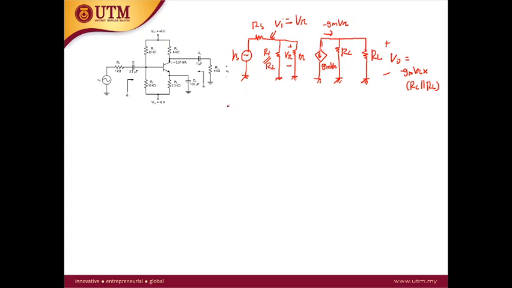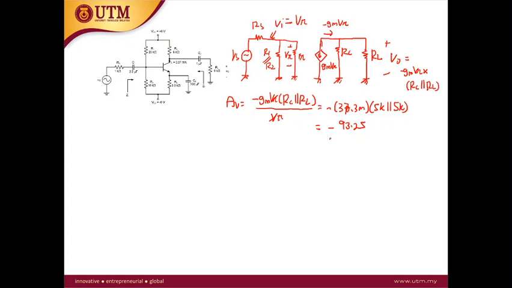From this analysis, we get AV is equal to minus gm V pi RC parallel with RL over the input, which is V pi. So you can insert the calculation. The gm is 37.3 milli, and then RC is 5K, RL is 5K. So the AV value we will get is minus 93.25.